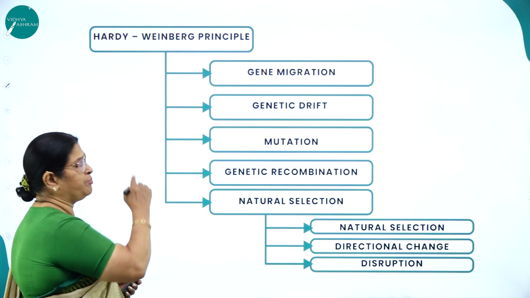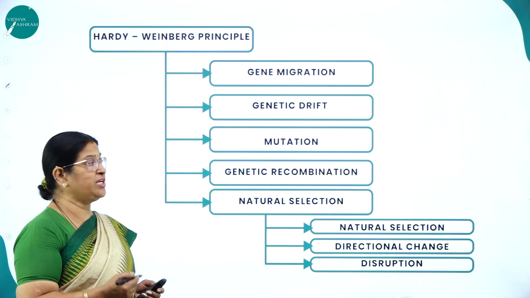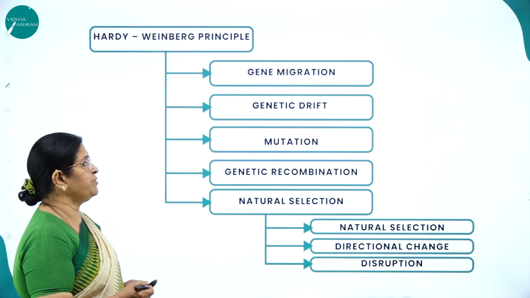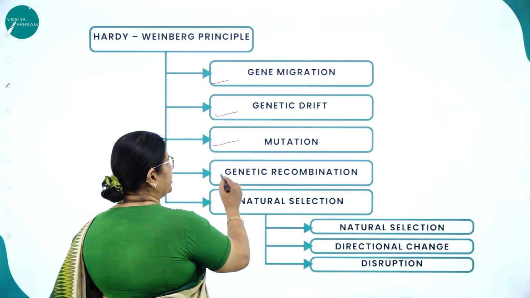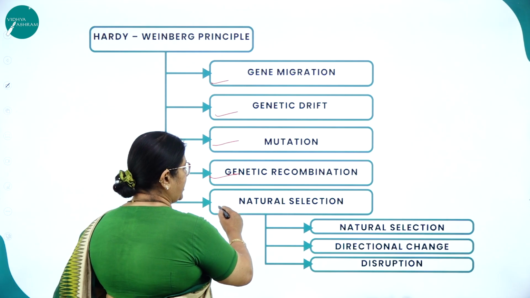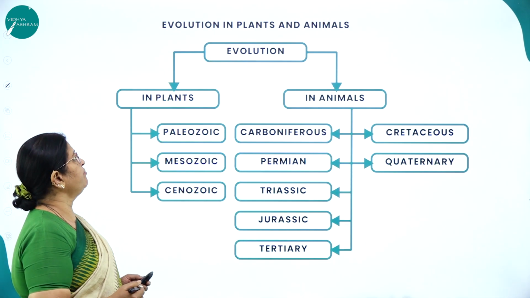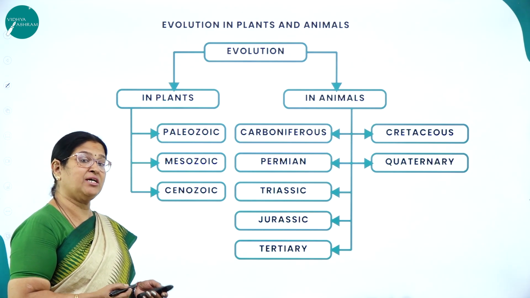This is also a very important concept from examination point of view, which is explained in an algebraic equation. And the factors that affect the Hardy-Weinberg principle are gene migration, genetic drift, mutation, genetic recombination and natural selection. Moving on to the evolution in plants and animals. So there were different eras, we call them geological periods.